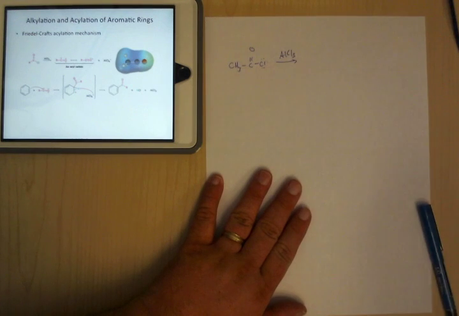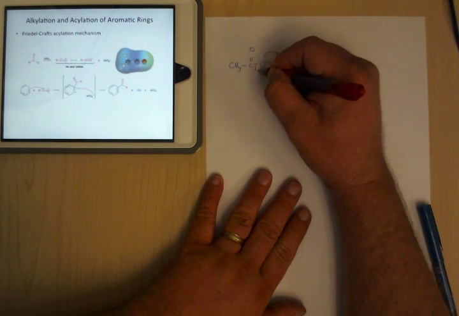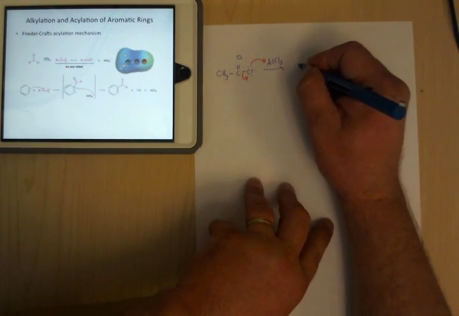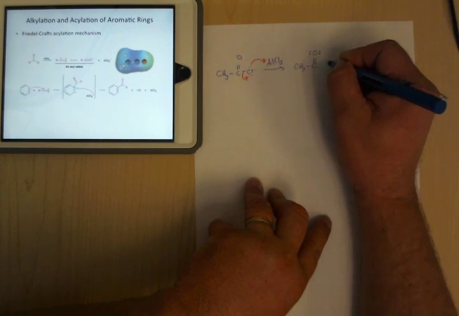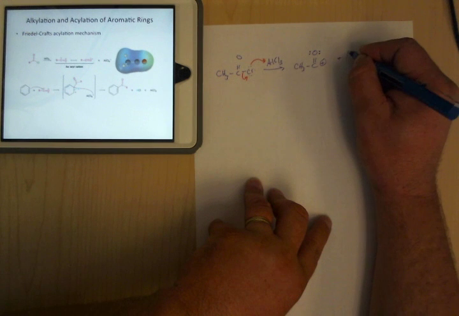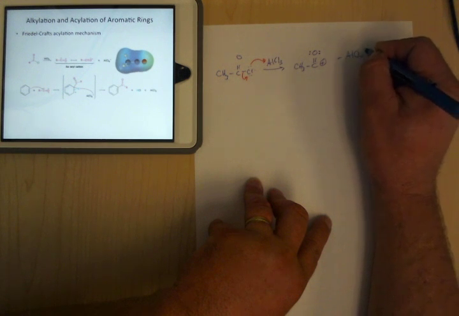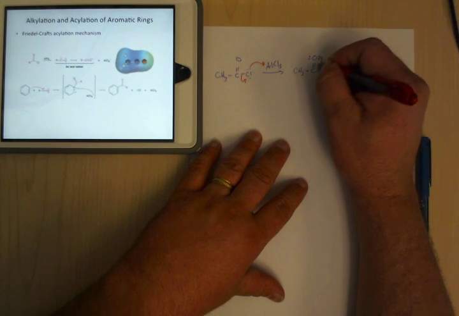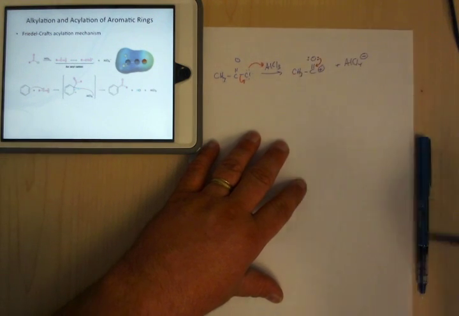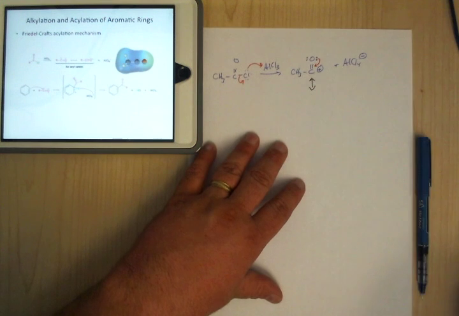Lone pair comes in and attacks, pulls this way to form this, plus AlCl4 minus, which we've been seeing for a long time. But what happens is we get this resonance structure here.